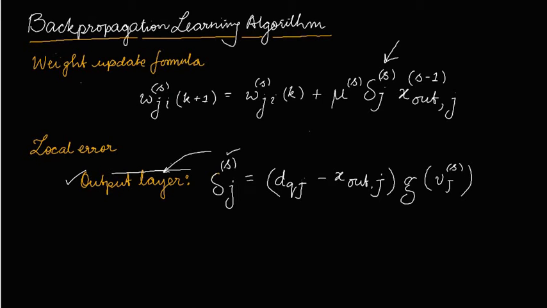So delta for the corresponding j, a given activation function, a given neuron: for the jth neuron at the output layer, a particular local error or delta can be evaluated by taking the difference of the desired output of the neural network and the actual output of the neural network for a given set of weights and a given set of inputs.